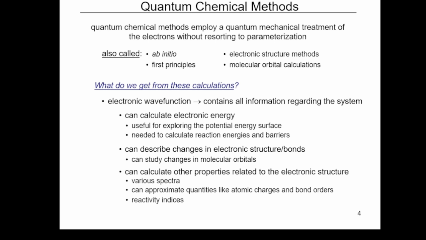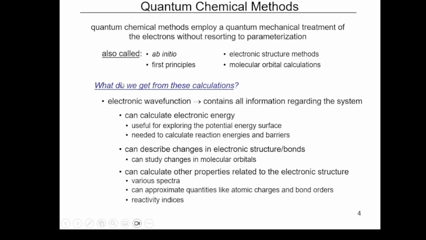But in ab initio methods, we said that we are calculating everything from the wave function and starting from scratch. It means we are not taking any assistance from any experimental data. So quantum mechanical methods are also called ab initio or first principle. They can also be called electronic structure methods or molecular orbital calculations.